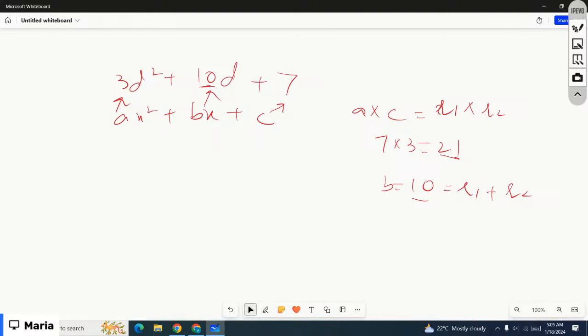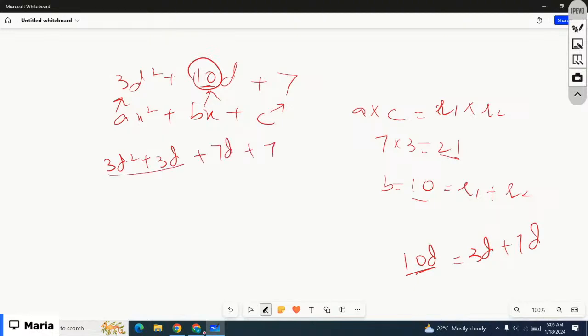That is 7 and 3, right? So you're going to write 10d as 3d plus 7d, since 3d plus 7d is the same as 10d. So we have 3d square plus 3d plus 7d plus 7. From here you can take common 3d and you are left with d plus 1.